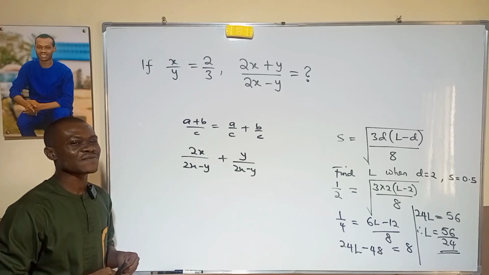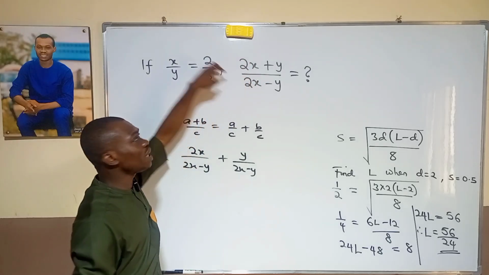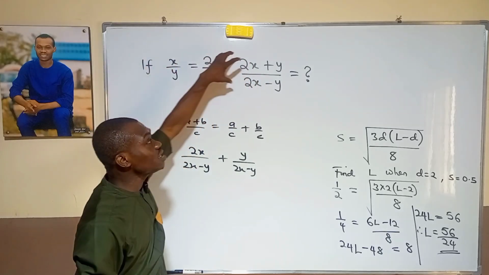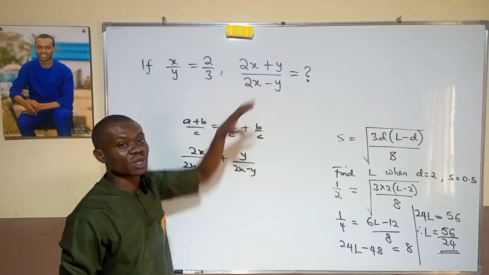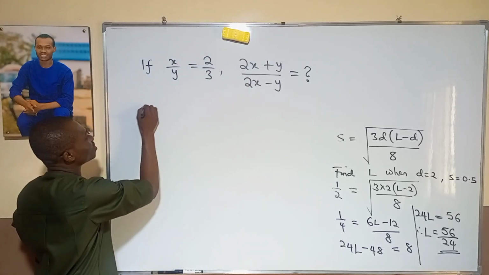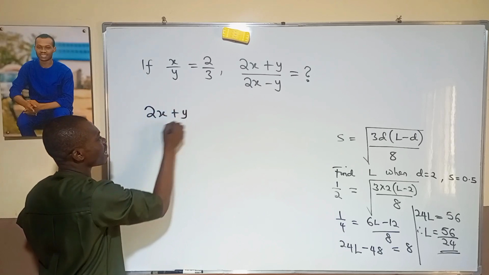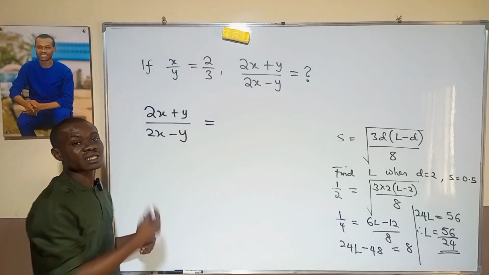So what are you expected to do? The trick is very simple. The question expects you to form x over y in this expression so that you will be able to make that substitution. Let's quickly do that. I have a fraction 2x plus y. How do I get x over y into this expression?